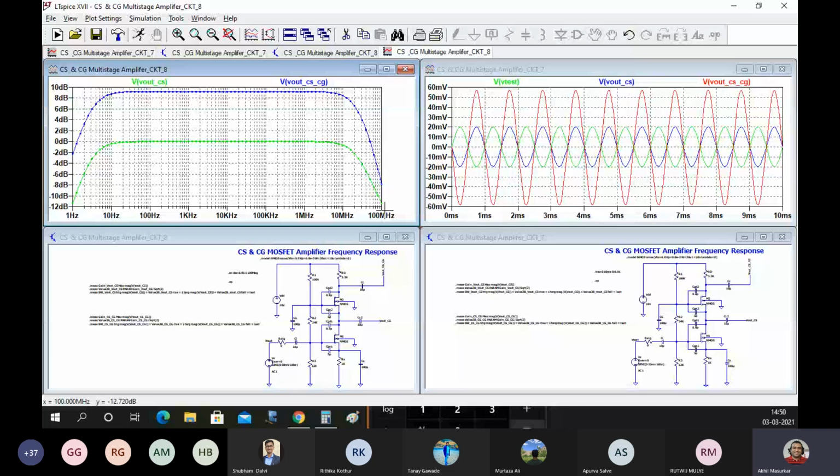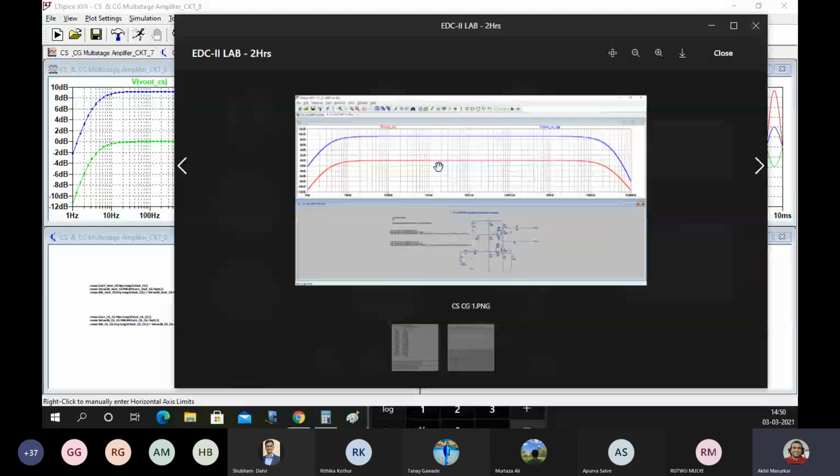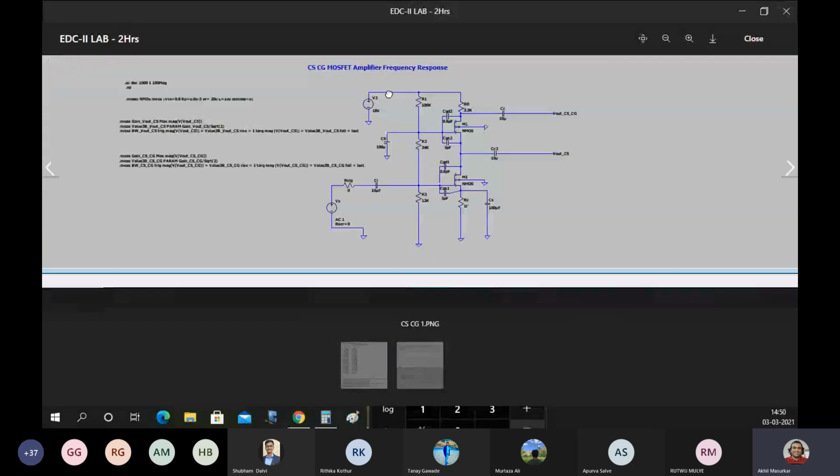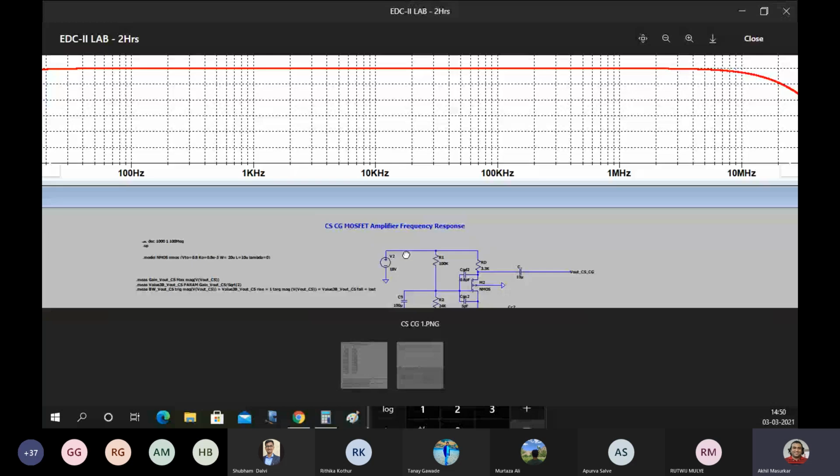Now all of you will post the output like this. Apurva, yes, correct, perfect. Yes, correct. Apurva, this output is correct.